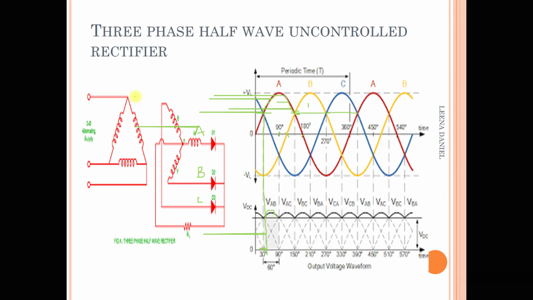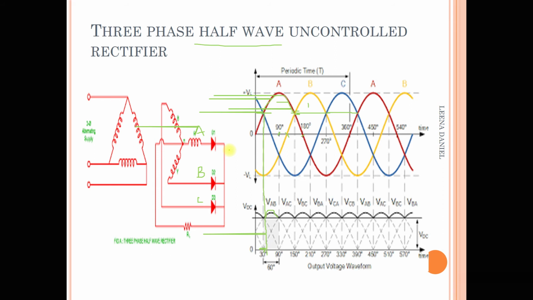Okay, and we are getting a full wave in the output. You just see we are getting the full wave in the output, but we are telling it is a half wave rectifier. This is the reason behind it. As we defined in the single phase, only in half wave circuitry only one diode is conducting.